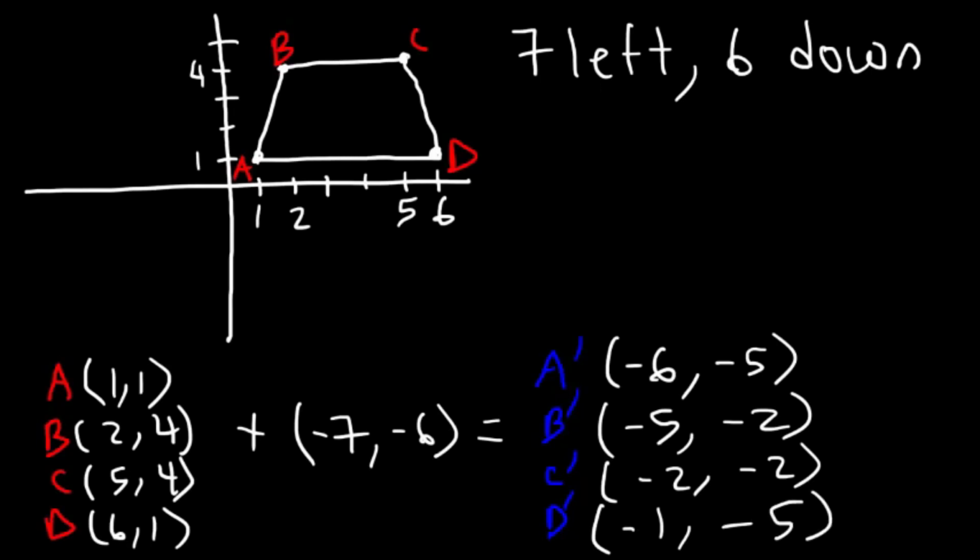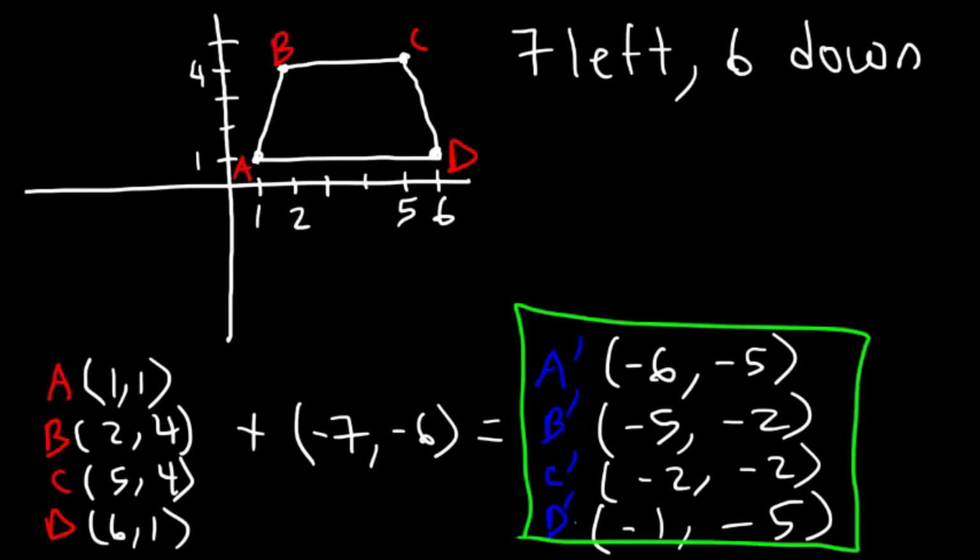Now that we have the new points for the translated image, let's go ahead and plot those points. The new point for A is at -6, -5. So that's somewhere in this region. And then B is now at -5, -2.